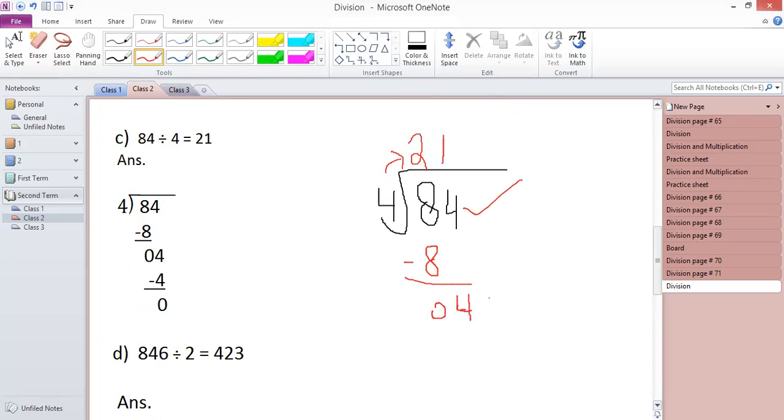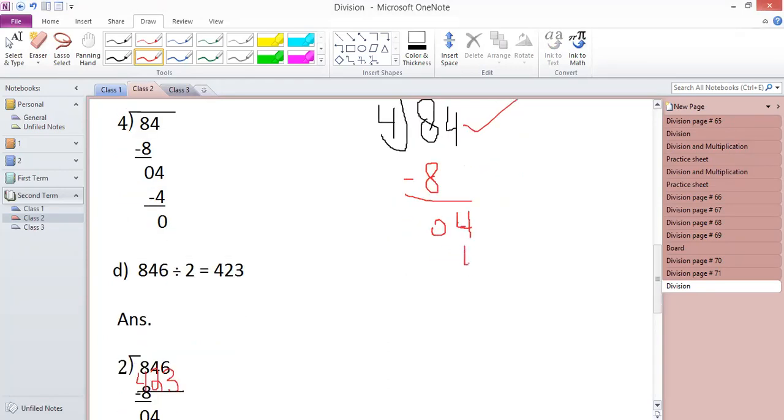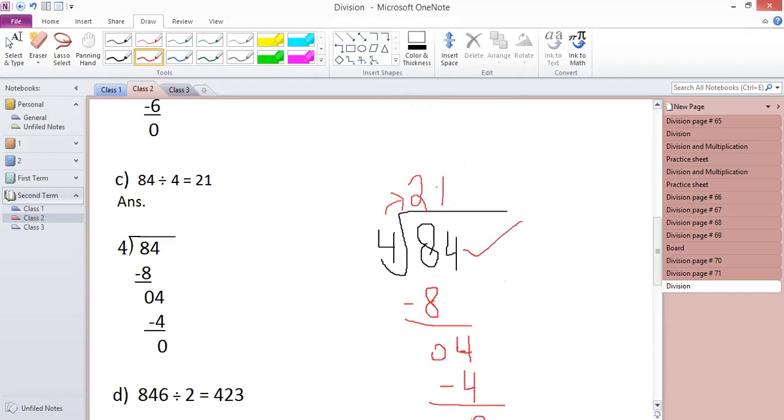Multiply this 4 with 1. 4 ones are 4. Subtract 4 with 4, and 4 minus 4, 0. So the answer is 21. 84 divided by 4 is 21. Clear, guys? Yes, sir. Very good.